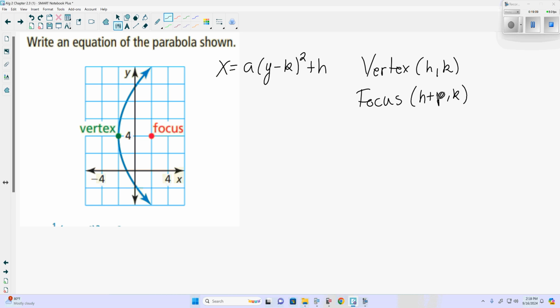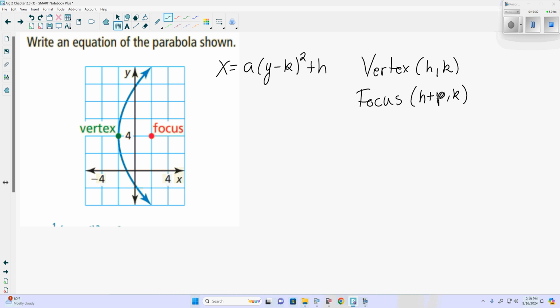If we are given the directrix or the axis of symmetry, it does make it easier to pick which one it is, because the two directrix are either what? X equals or y equals. It's easy to pick which one it is, because if it's x equals, oh, it's our x equals equation. If the directrix is y equals, there's only one with y equals, it's our y equals. We just matched that up.